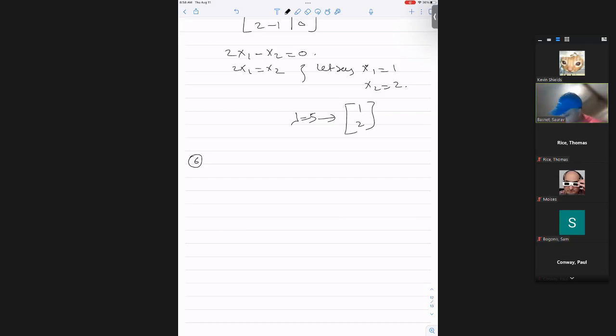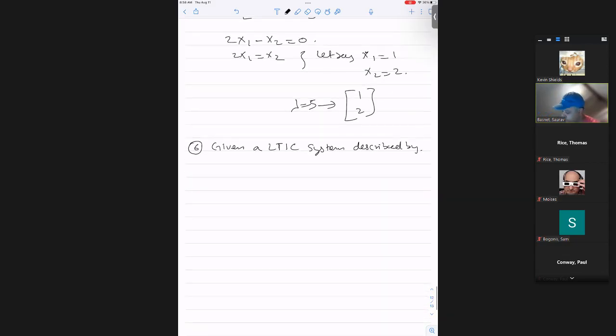Let's say given an LTI, linear time invariant continuous system, described by this equation: d squared y(t) by dt squared plus dy(t)/dt plus 4y(t) equals dx(t)/dt plus x(t).